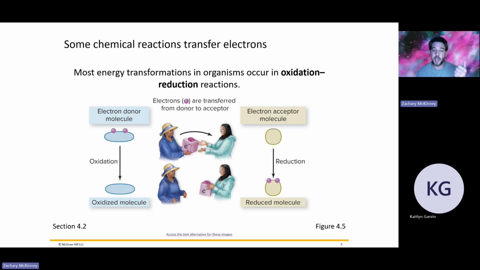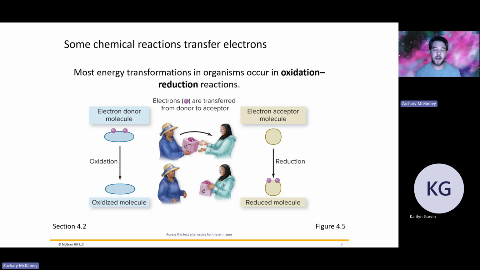So anabolic, catabolic, you're actually talking about the structural change, taking monomers and making polymers, polymers into monomers, whatever it may be. Endergonic, exergonic, you're talking about how the energy is moving. Is energy going in, endergonic? Is energy being released, exergonic? Oxidation reduction reactions, this is specifically talking about how electrons are moving. Which way? Are you losing electrons or are you gaining electrons?